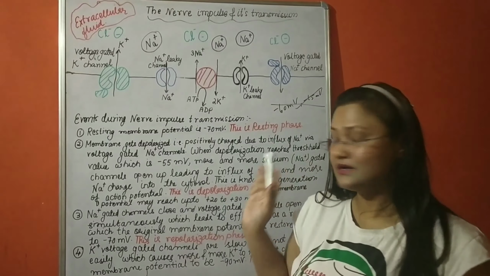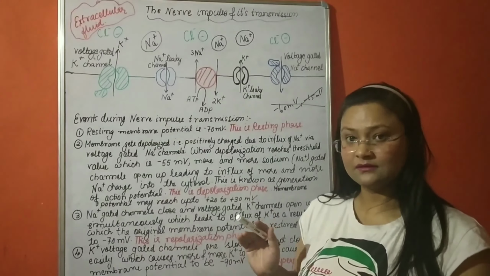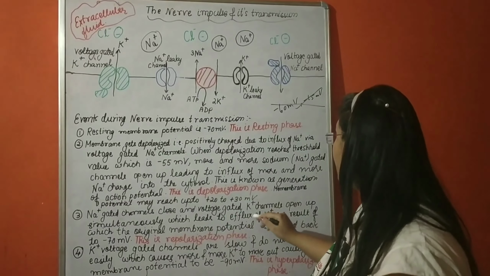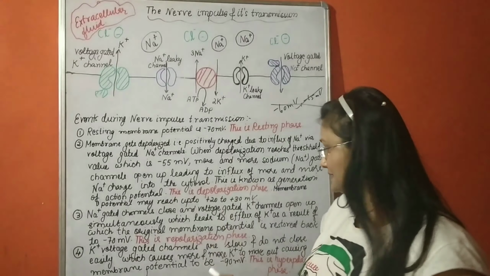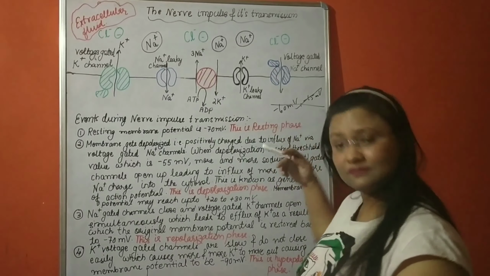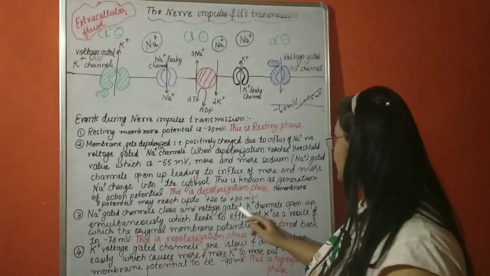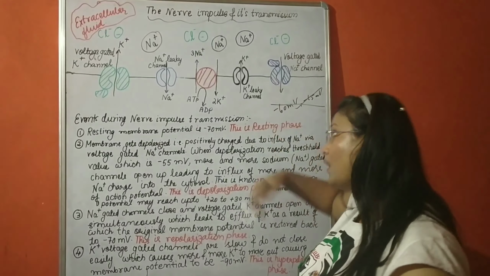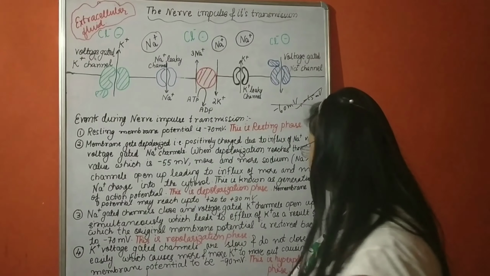After this phase is over, sodium gated channels will close. And simultaneously voltage gated potassium channels will open up. This will occur simultaneously, and it leads to the efflux of potassium ions. Earlier sodium ions were coming inside the cell. Now due to the simultaneous opening of potassium channels, potassium charge will go outside the cell.